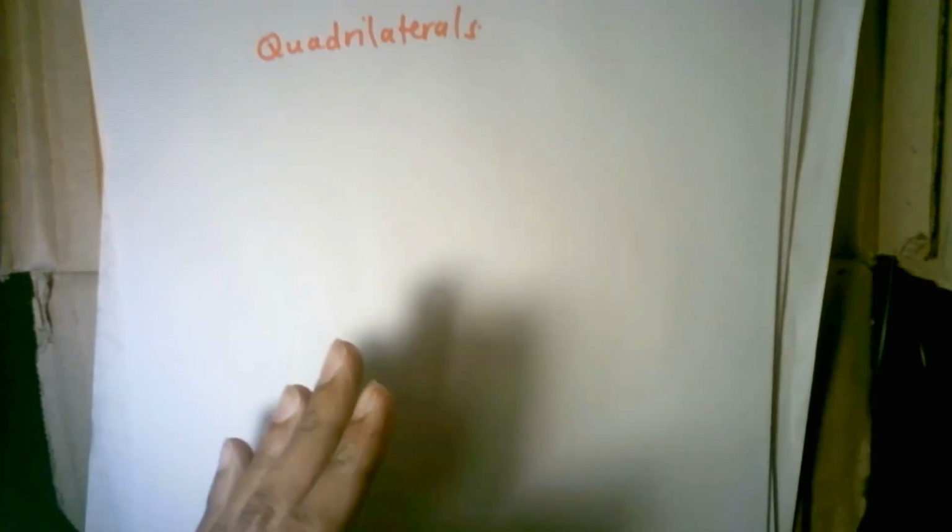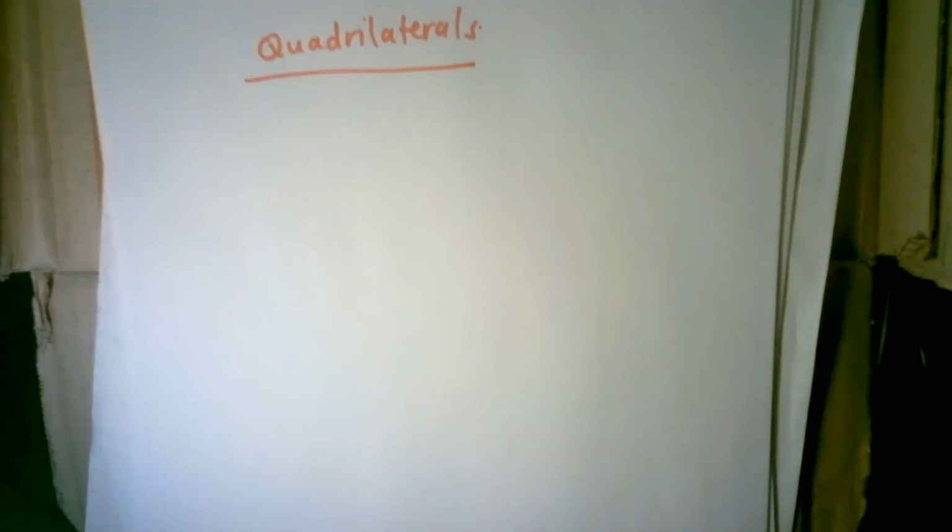And you can get different types of quadrilaterals. There are special quadrilaterals, and we're going to look at each special type of quadrilateral today. But the first thing we should realize is that a quadrilateral is a closed four-sided figure. So let me just take a ruler very quickly.